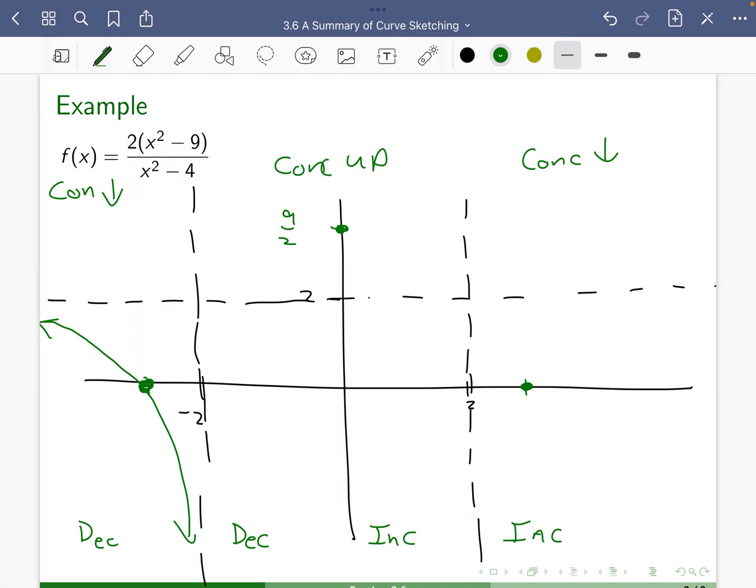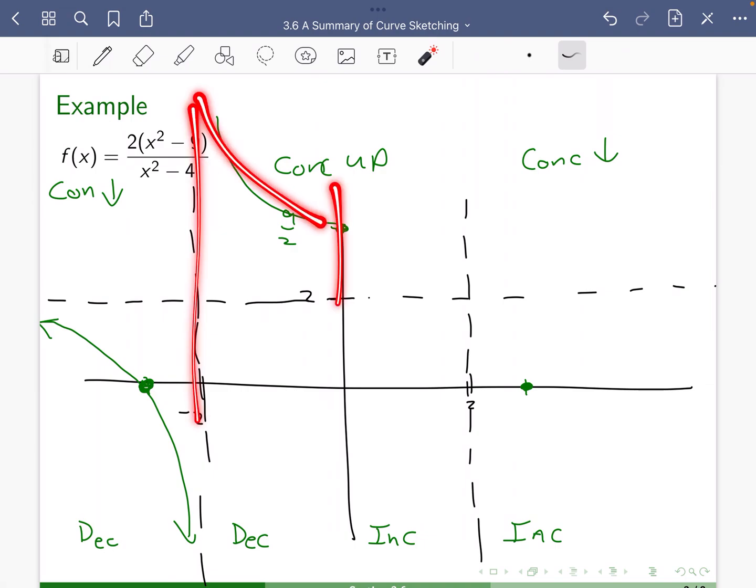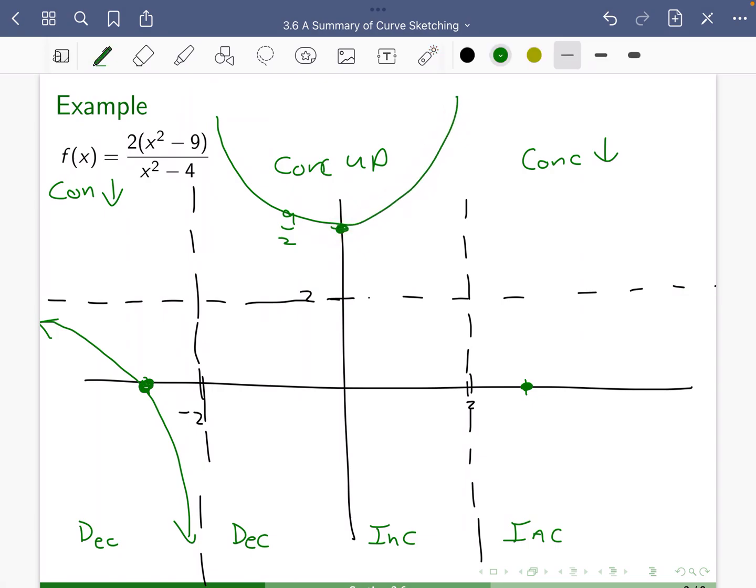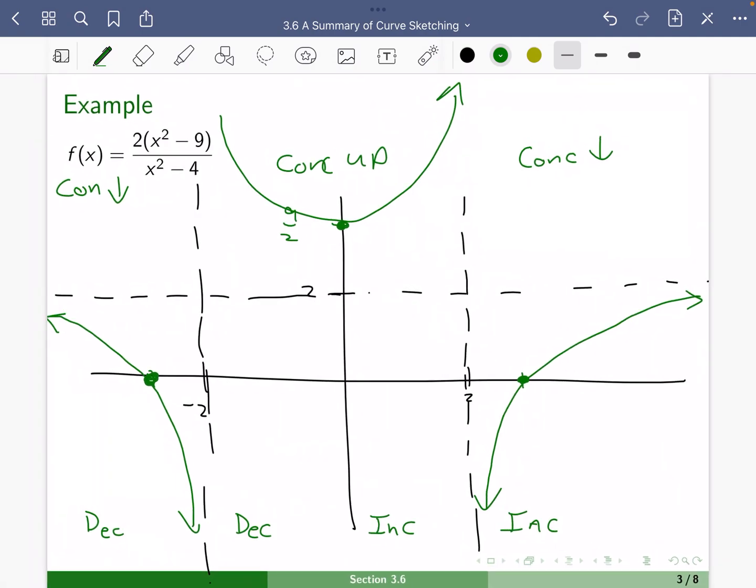It's concave up here. It's decreasing from negative 2 to 0. And at 0, it starts to increase. It's still concave up. And then we are concave down and increasing here. And so that is what we have.